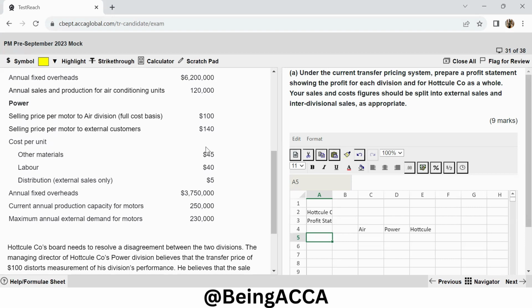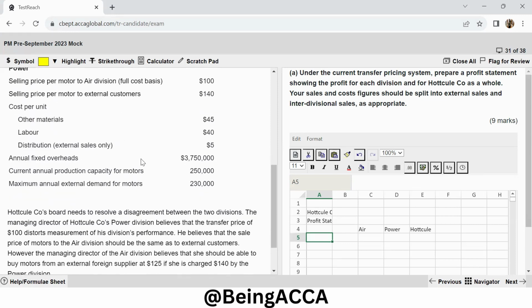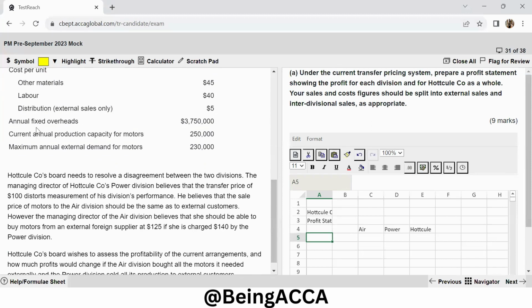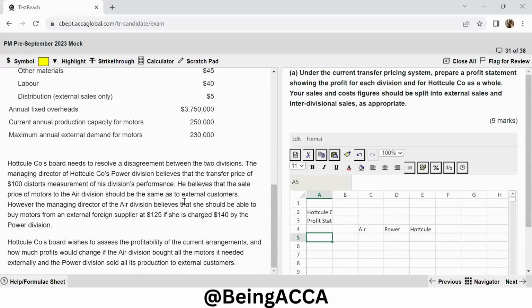So since air division is a division in the same company, we are providing them at the full cost that it is costing, $100 for the power division, and that is the price they are charging the air division. So cost per unit 45, labor, distribution, external sales only, annual fixed overheads, current annual production capacity for motors is 250,000, and the maximum annual external demand for motors is 230,000.